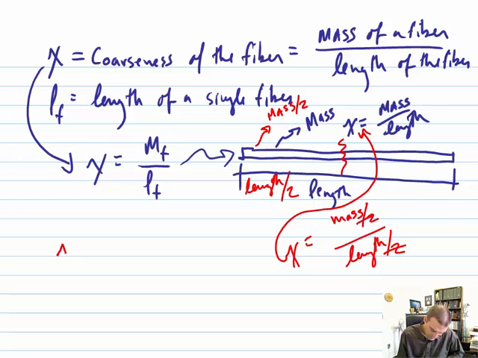So if I take the coarseness and multiply it by the length of the fiber, mass per unit length times the length of the fiber, the result is m sub f. Cool, right? So now this is the mass of our single fiber.